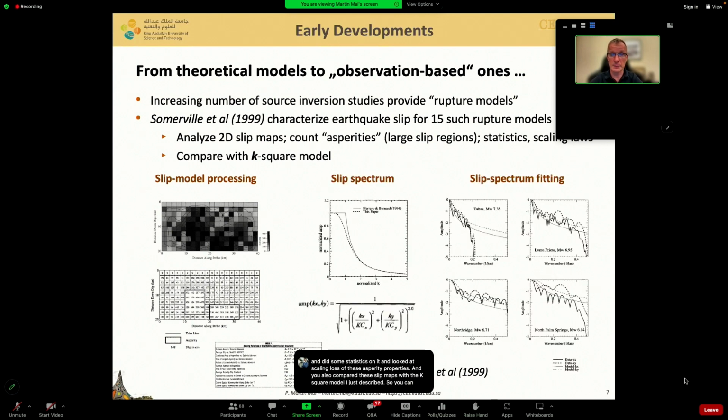So he computed the slip spectrum in a very specific way. He constrained it to have a fall off of this K-square that I described, and did some spectral fitting on these few finite fault rupture models that were used at that time.